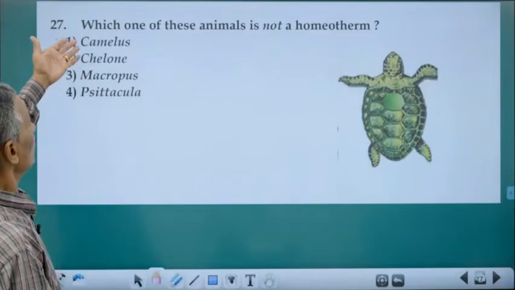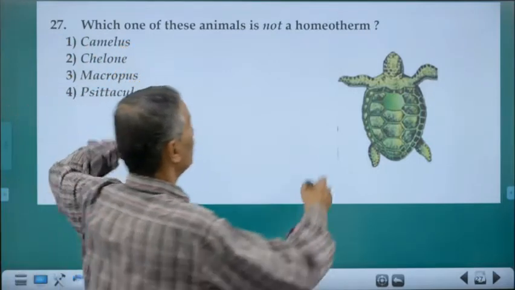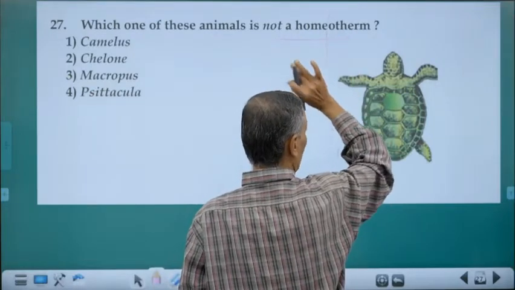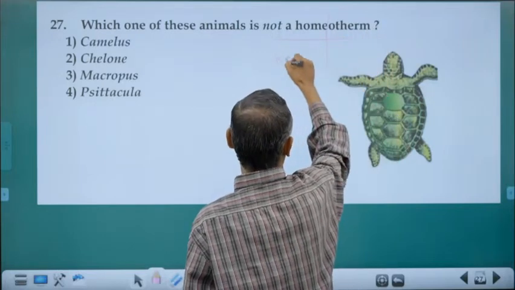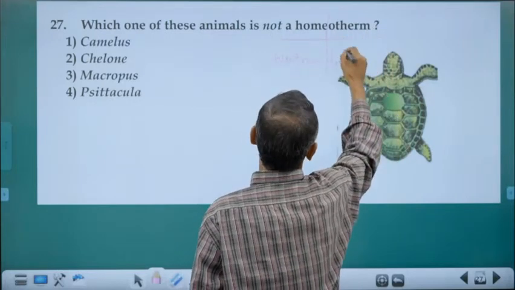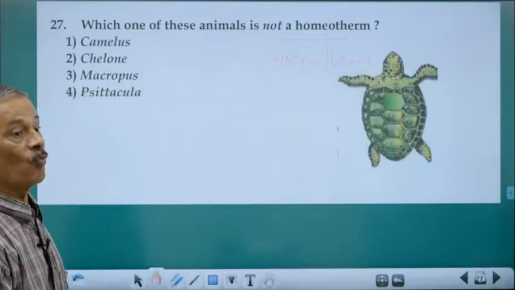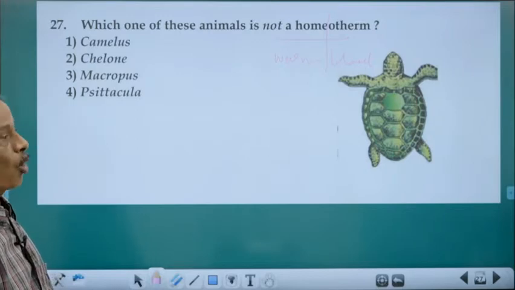And which one of these animals is not a homeotherm? What is homeo? Homeo means same, therma, temperature, which can maintain a constant steady internal temperature. That is warm-blooded. Only birds and mammals are warm-blooded. So, who is not warm-blooded, which is cold-blooded?